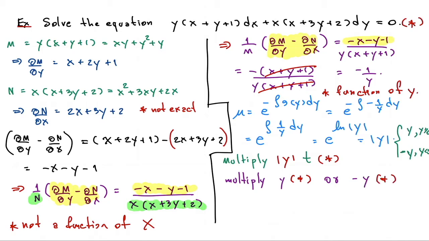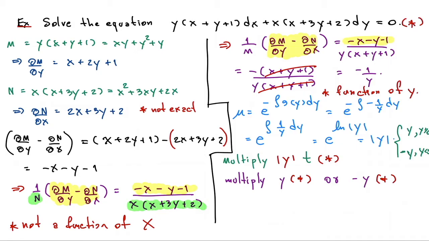Because you know the absolute y can be either y or minus y, right? But if you multiply y to this star or multiply minus y to star, you have the same result.